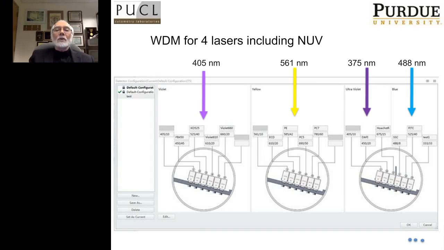So you can see on the left here, one WDM module has several detectors and some bandpass filters up here. The middle one for 561 has the same sort of arrangement.